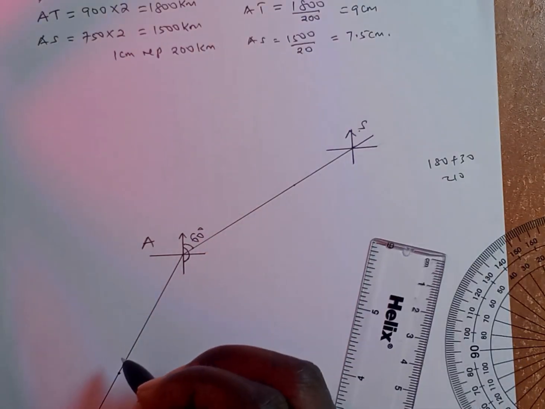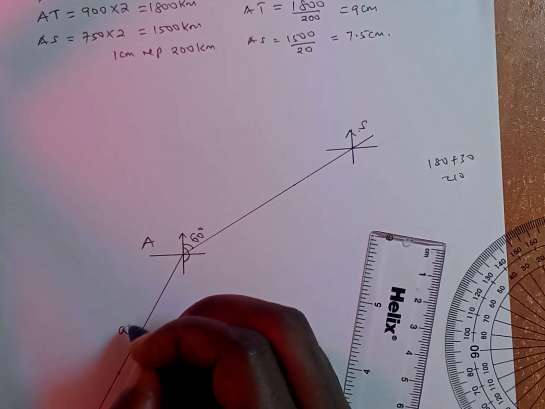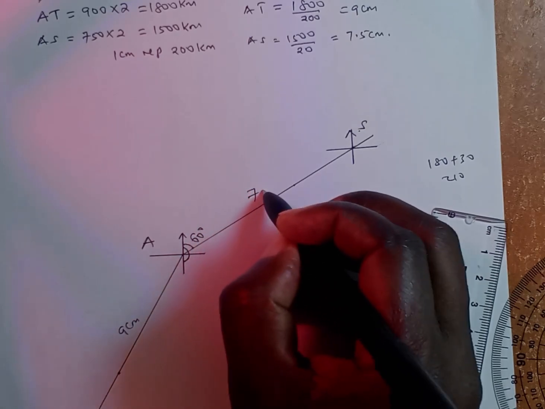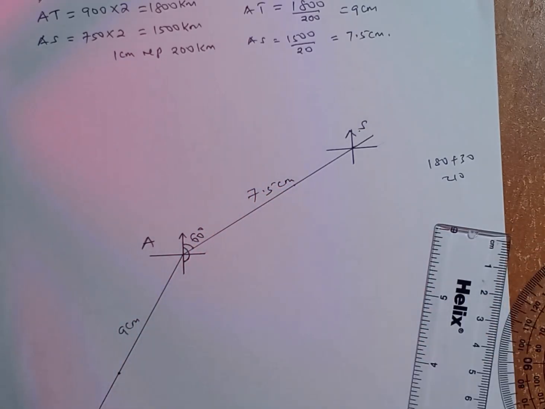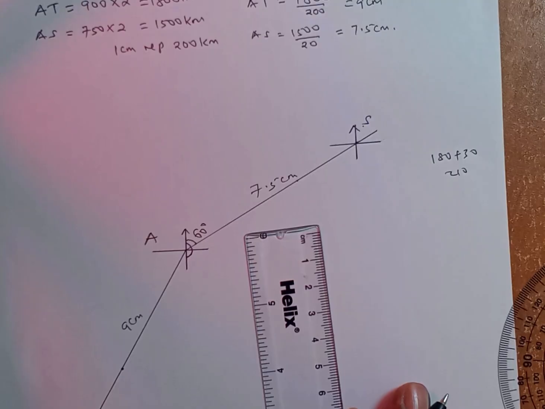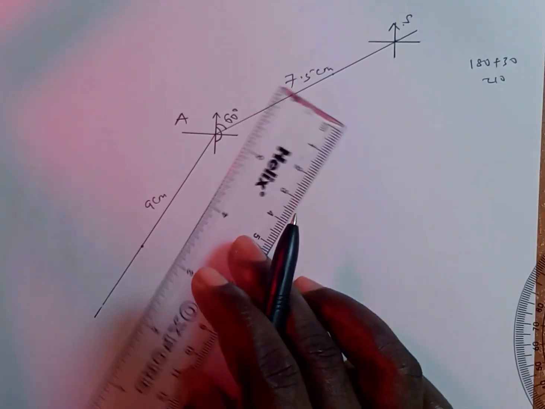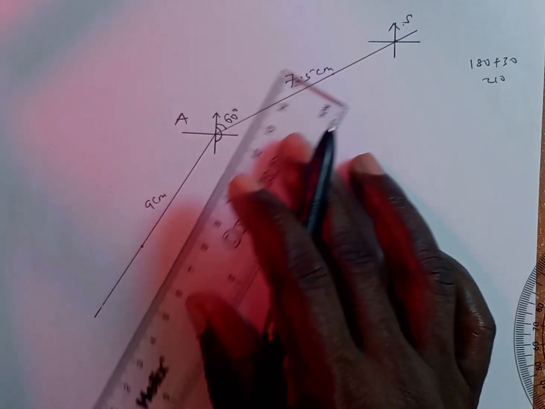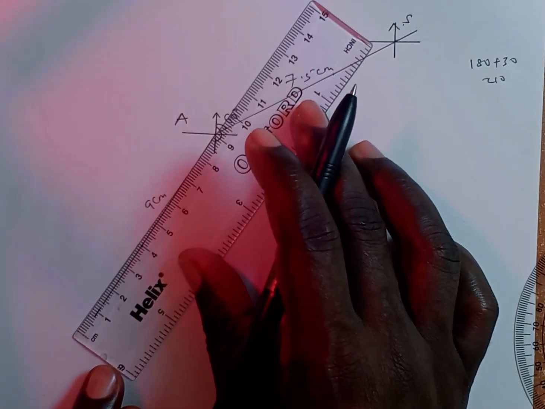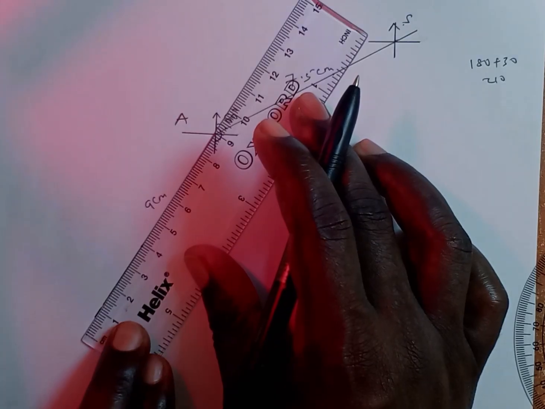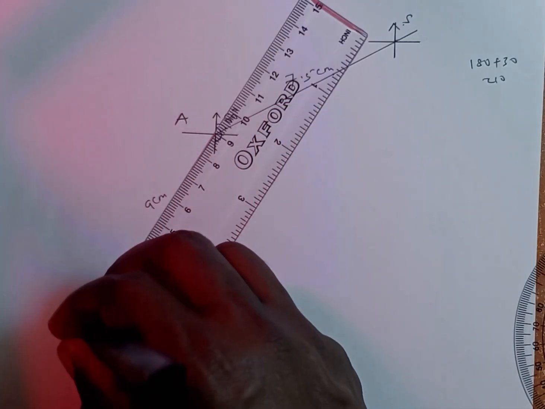So this is 9 centimeters, and AS is 7.5 centimeters. So we measure the distance here. Nine centimeters is around this point here.